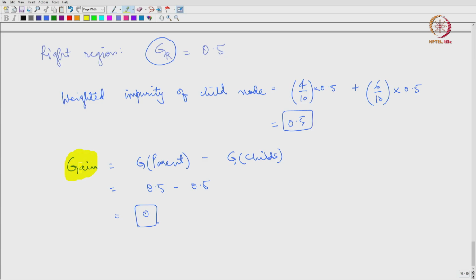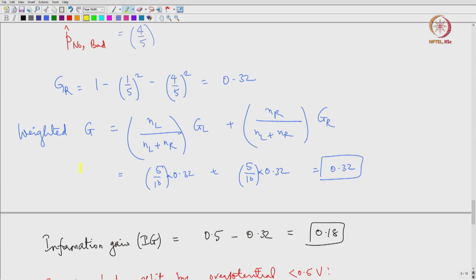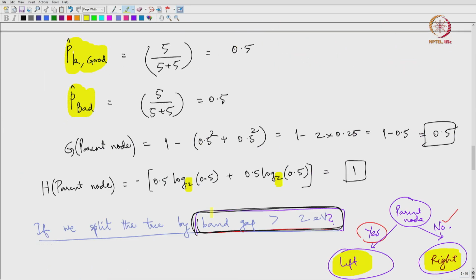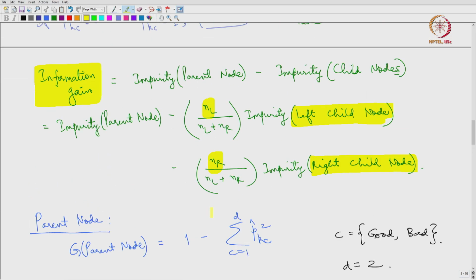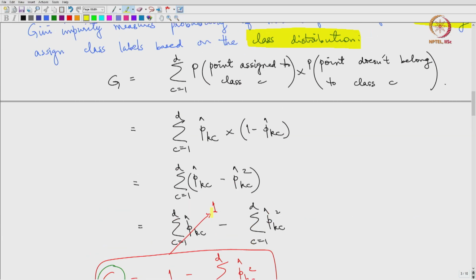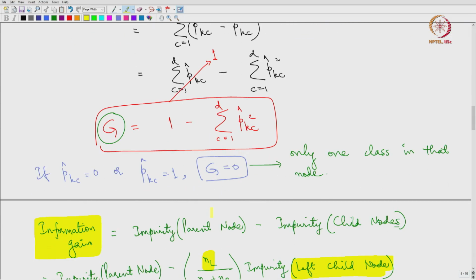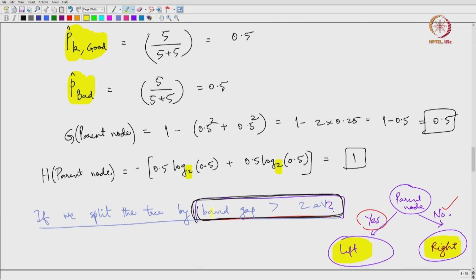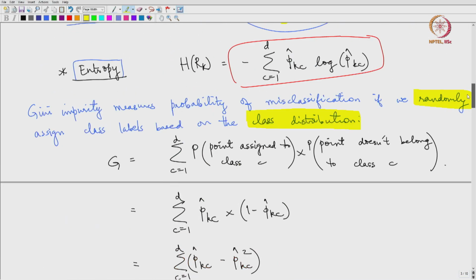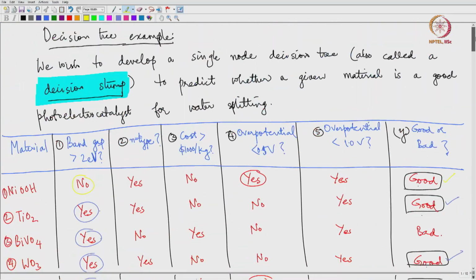So, clearly it is a suboptimal feature, and out of the 2 features that we discussed, overpotential less than 0.5 volts and the other feature, band gap, you can see that there is more information gain with band gap greater than 2, and what I encourage you to do is to also look at other features.